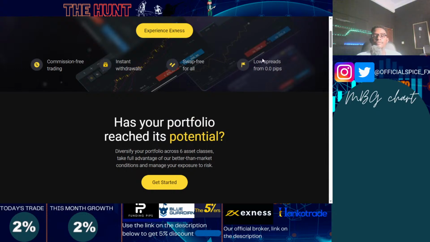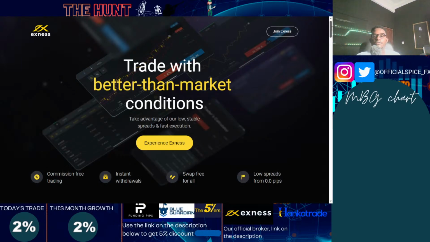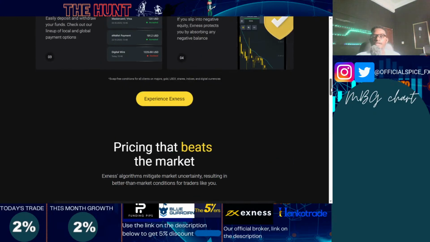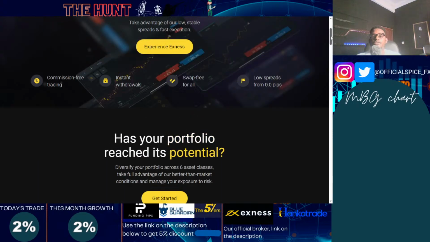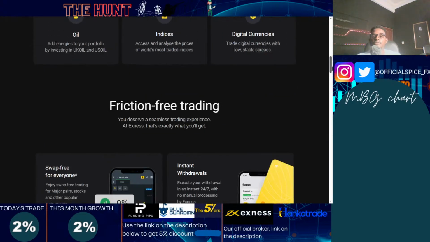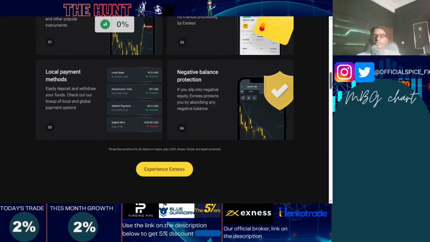So this is their low spread, and that's the one you need to get if you want to use Exness. But the problem is that you will need at least $500 to register for the low spread.